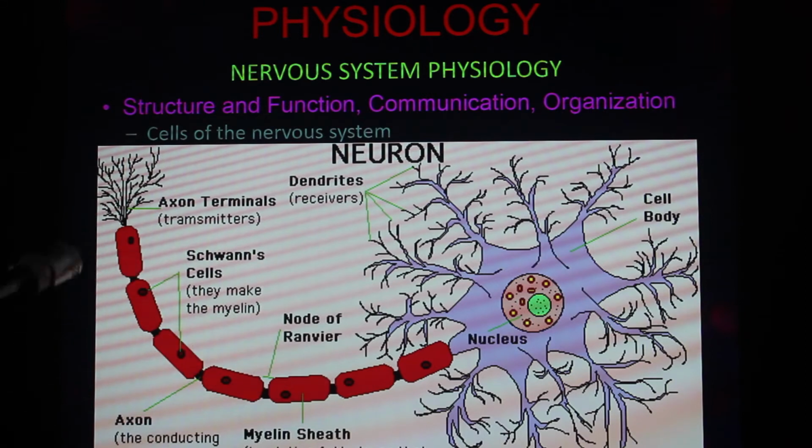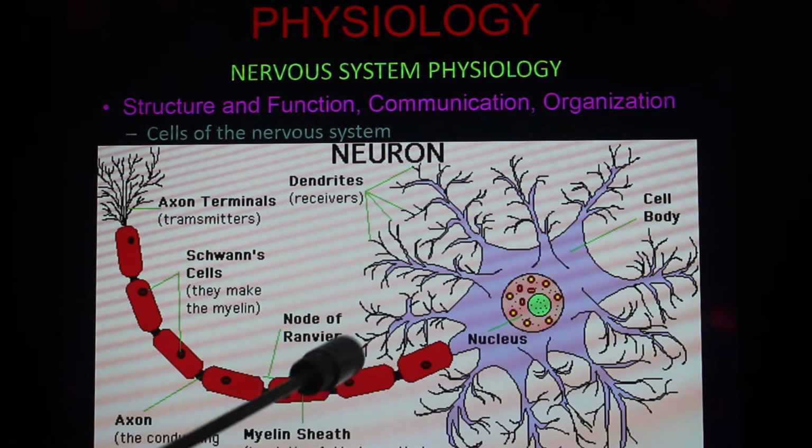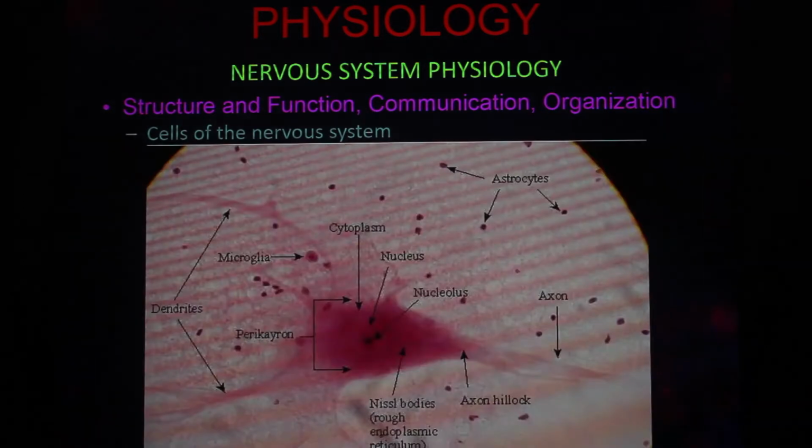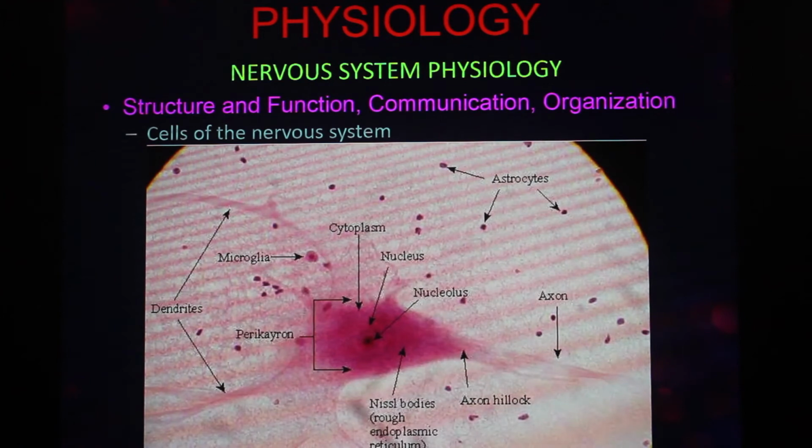And between these sheaths of the Schwann cells, we have the nodes of Ranvier. You can see these black areas between the myelin sheath of the axon, the nodes of Ranvier, which are very important in the conduction of the stimulus from the neuron to another neuron. In this slide here, we have a microscopic view of a real neuron.